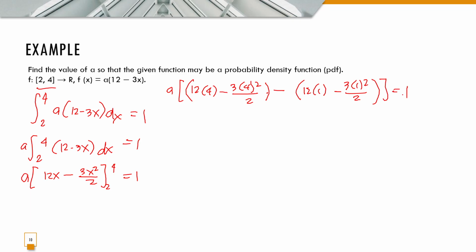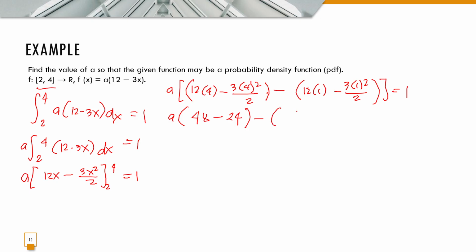Then it equals 1, so we have to calculate. 12 times 4 is 48. So a times 48 minus 4 squared times 3 divided by 2, that is 24.